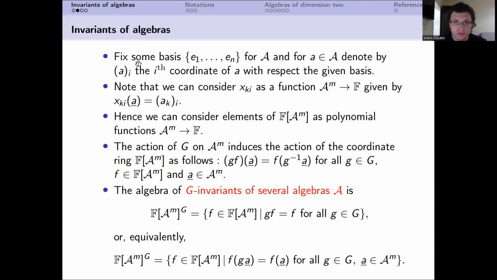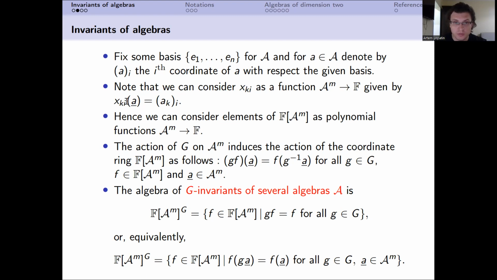If we fix some basis of the algebra, we may denote a_i as the coordinate of a with respect to the given basis. Then we can explicitly define x_{ki} as a function from the direct sum of algebras A plus A plus A to the field F by this formula.